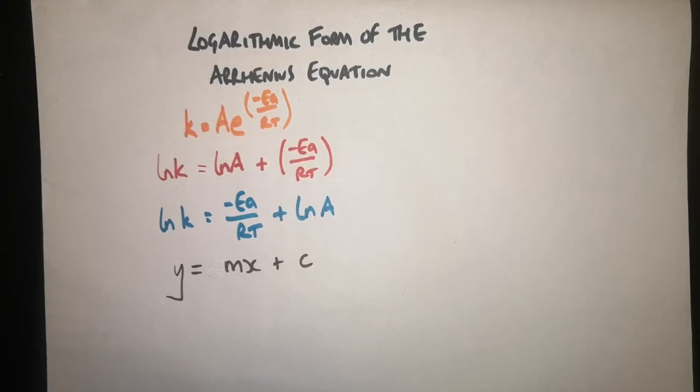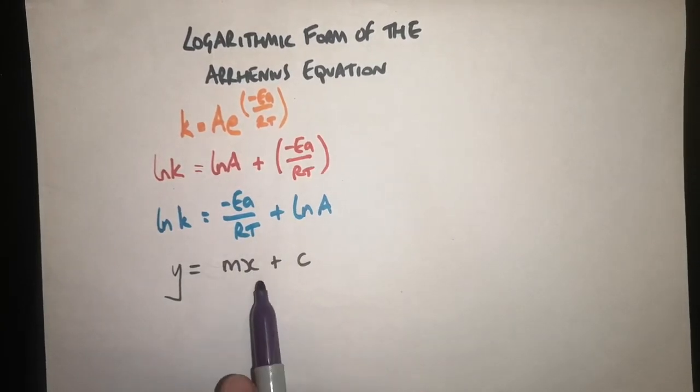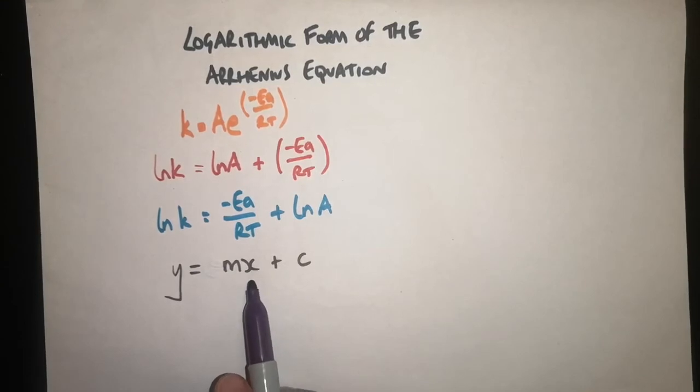And what we'll find is that if we split this up into two terms, so we have an m term and an x term, then we can do some calculations based on a graph. So just to remind you, y is the y-axis, x is the x-axis, m is the gradient, and c is the y-intercept. So how we split this up is we take our minus Ea over RT and we split it into m and x. Well, x has to be something we can measure.